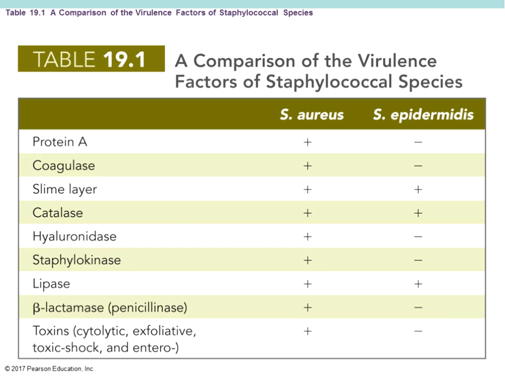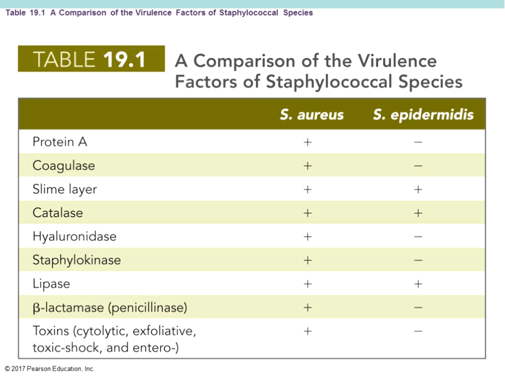So here is a nice little chart comparing the virulence factors of Staphylococcus species with whether or not it has protein A, which can be used as a structural defense against phagocytosis, coagulases, slime layers, or any of these other enzymes that would help to prevent it from being dealt with or killed by the immune system, and whether or not Staph aureus has it or Staph epidermidis has it.